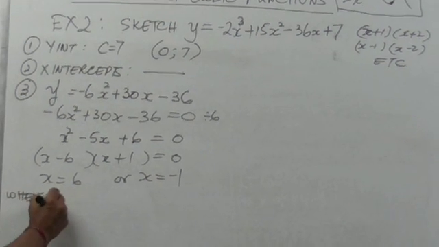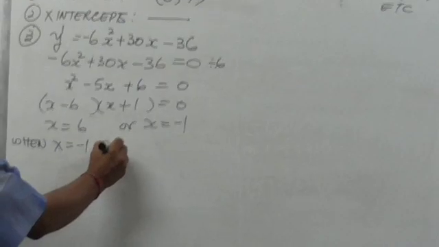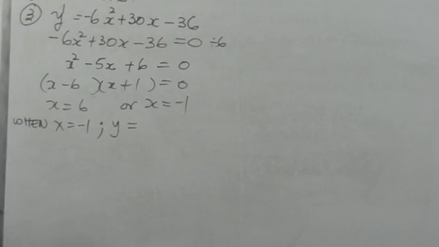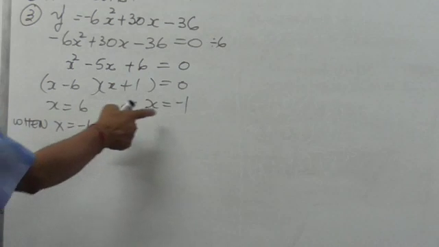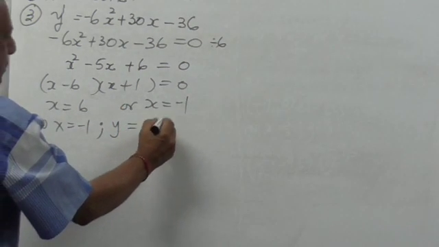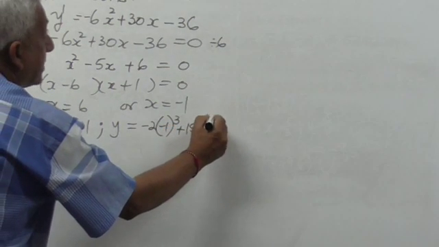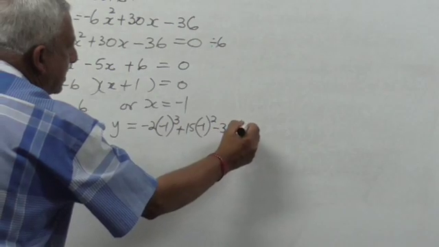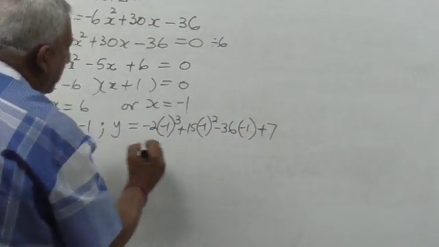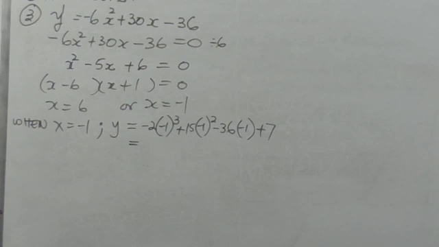Now you want to find y. When x is equal to negative 1, y is equal to, put in the original, negative 2 into negative 1 cubed plus 15 into negative 1 squared minus 36 into negative 1 plus 7. Let me just try and see what answer we get.